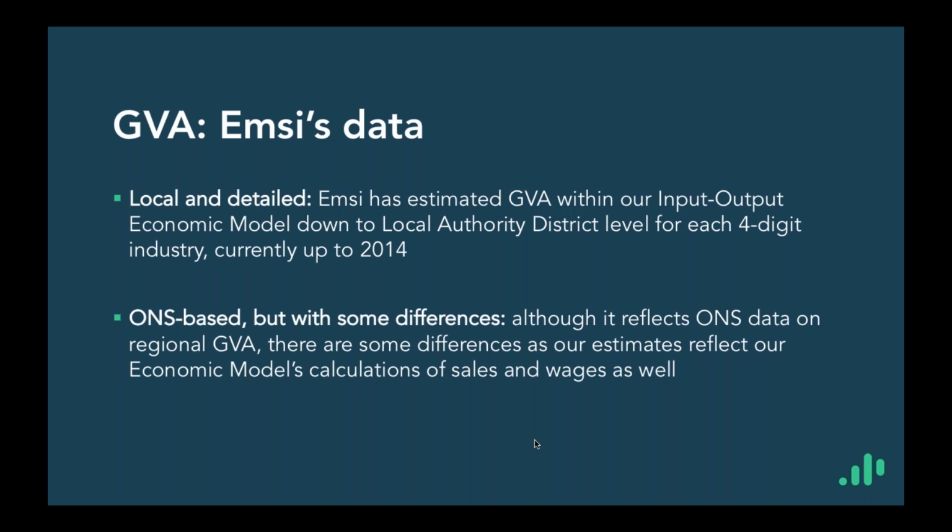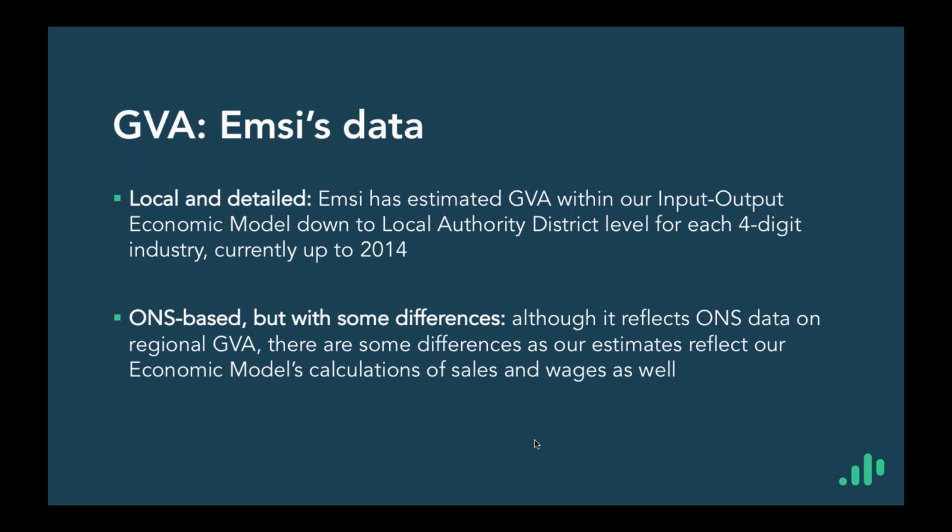That allows us to take it down to local authority district level for each of the 4-digit industries that we look at, and we can do that currently up to 2014. If required, we can model earnings data to GVA at a local level up to 2017 at present.